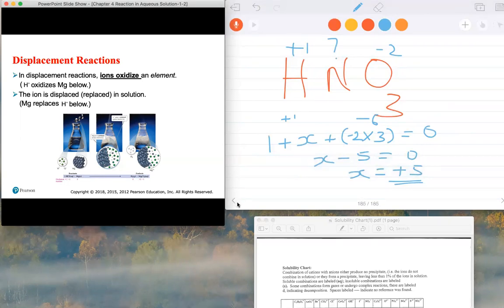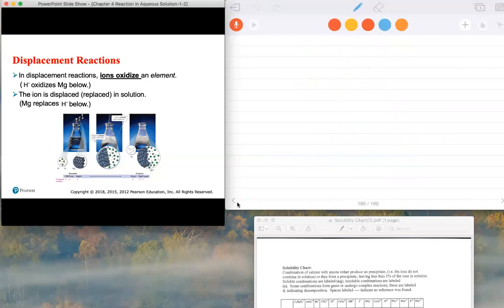Now let's see. I think Jennifer had asked whether it is double replacement or single replacement. Yes, there are two types of replacement reaction: double replacement and single replacement.